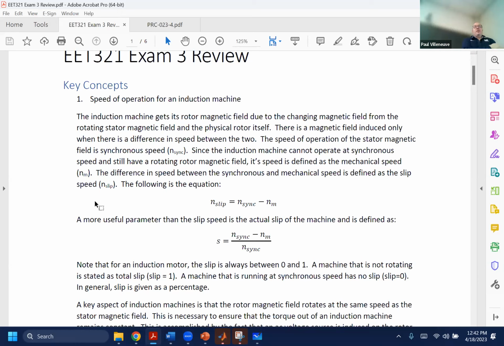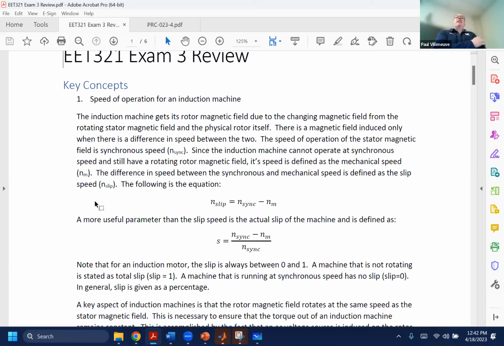The magnetic field rotates at 1800 RPM, 3600 RPM, whatever the synchronous speed is, depending on the number of poles, right? So we know that as long as we have three AC waveforms, a 3-phase power supply going into a 3-phase set of windings, then we're going to produce a rotating magnetic field at synchronous speed.